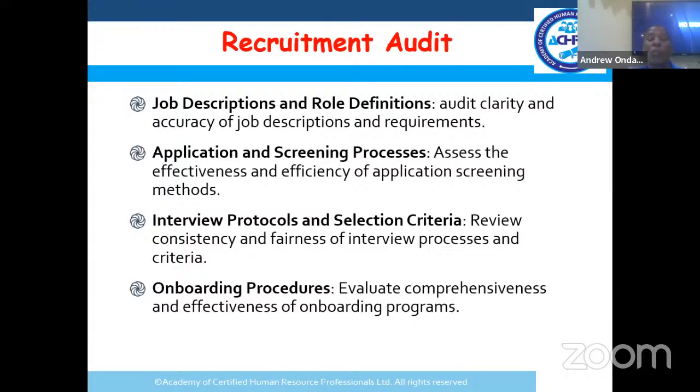So in recruitment, onboarding is one of the processes where we find out whether the process was effective and that there was a good employee experience so that they start working to produce the results.